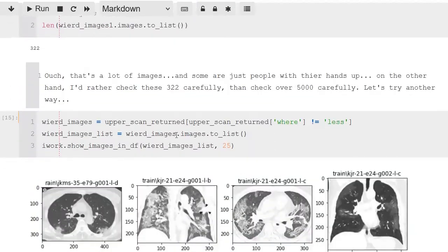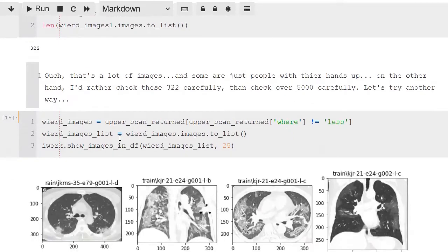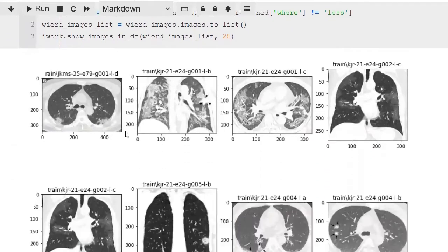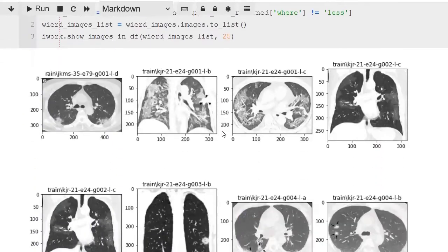Okay, so now let's just look at the upper pixels and take this approach to finding outlying images. It turns out this pulls up a bunch of CT images. If we're making a data set of X-rays, we don't want CTs, and certainly not axial CTs, right?